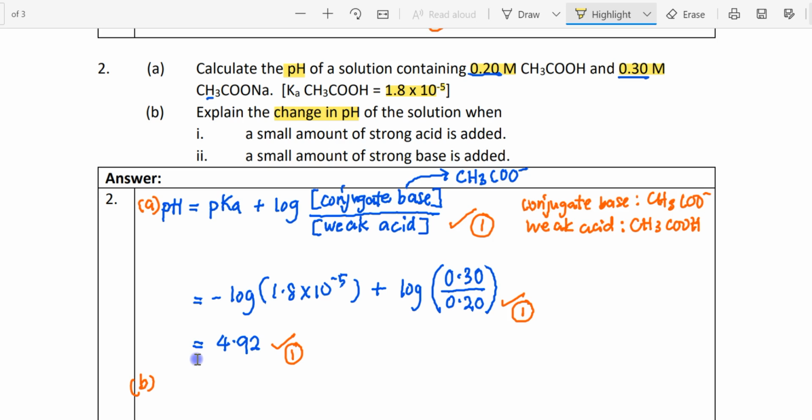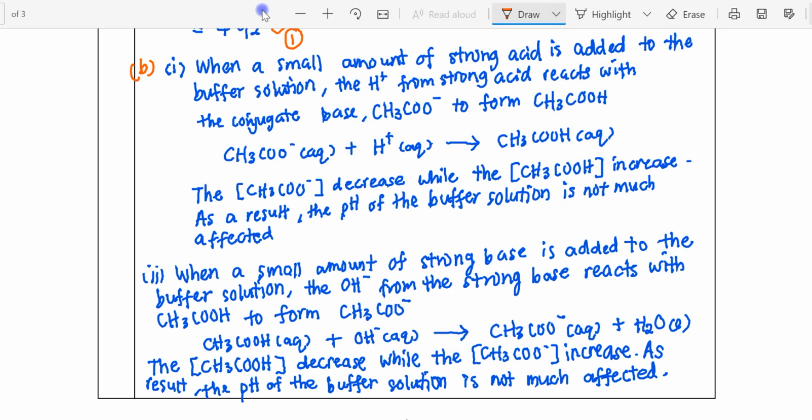Explain the change in pH of the solution when a small amount of strong acid is added, and second, when a small amount of strong base is added. Here is the sample answer. First point: when a small amount of strong acid is added to the buffer solution, the H plus ion from the strong acid reacts with the conjugate base to form weak acid.